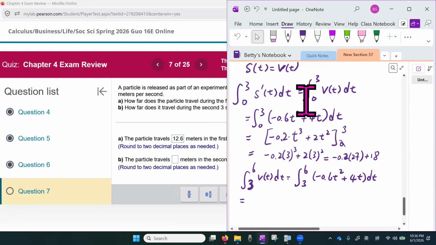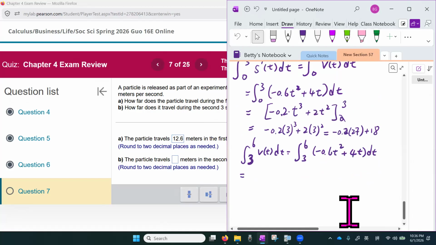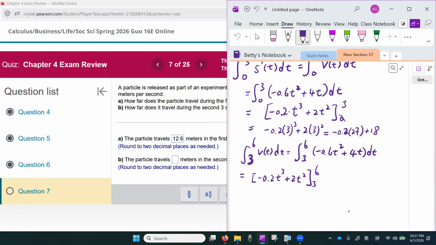So that gives us negative 0.2 t cubed plus 2t squared, from 3 to 6. So we're going to have parentheses minus parentheses. In the first parentheses, we plug in 6.